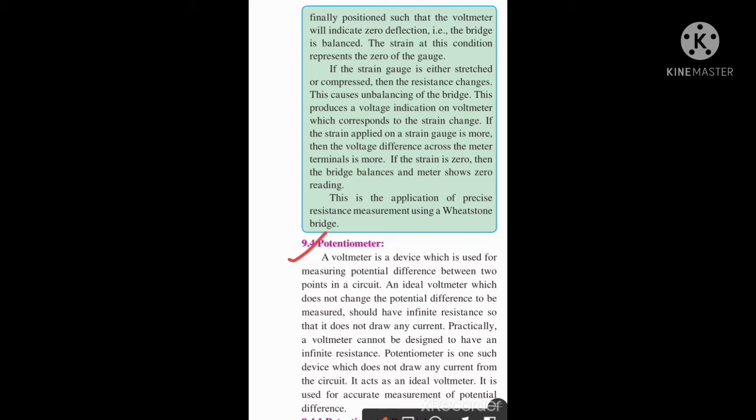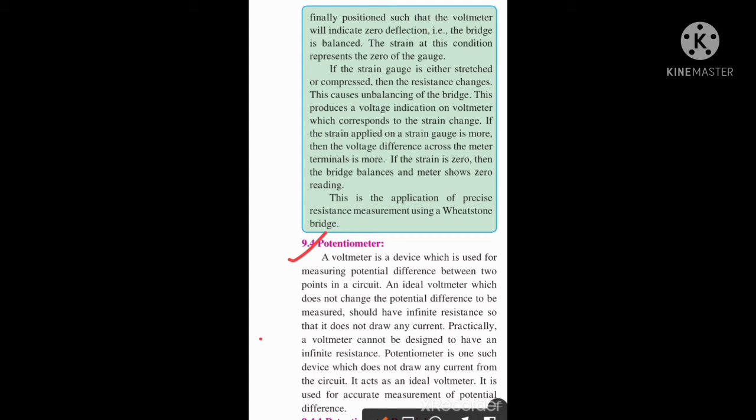An ideal voltmeter, which does not change the potential difference to be measured, should have infinite resistance so that it does not draw any current. But in practice, it is not possible. Practically, a voltmeter cannot be designed to have infinite resistance, so a potentiometer is used in place of a voltmeter.